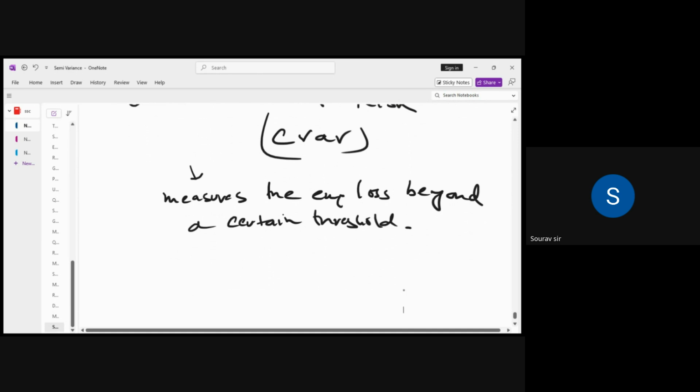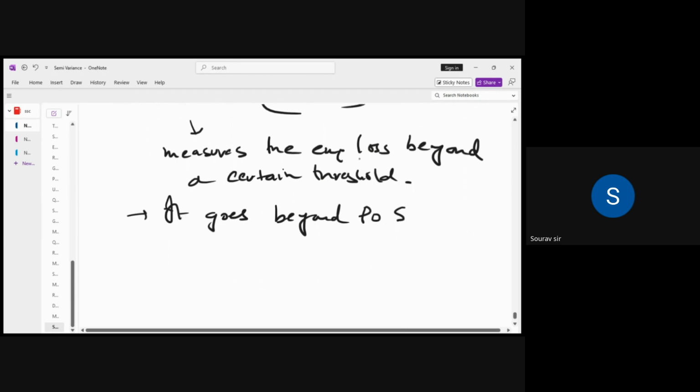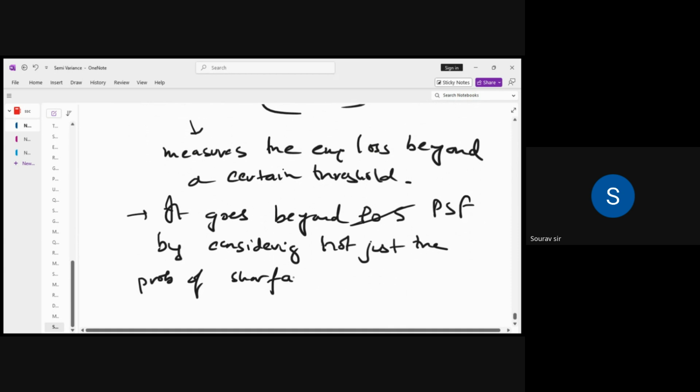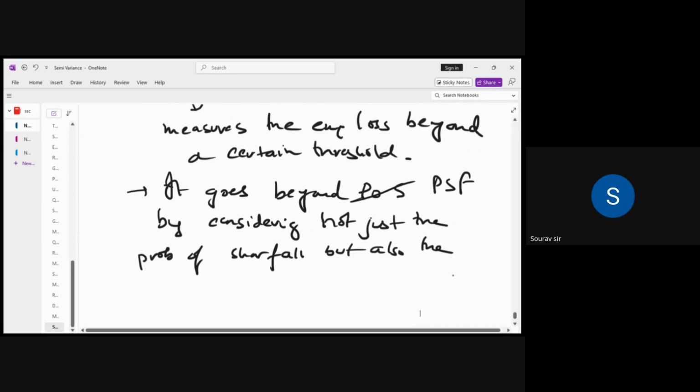So it goes beyond probability of shortfall, PSF, by considering not just the probability of shortfall, but also the magnitude of loss.